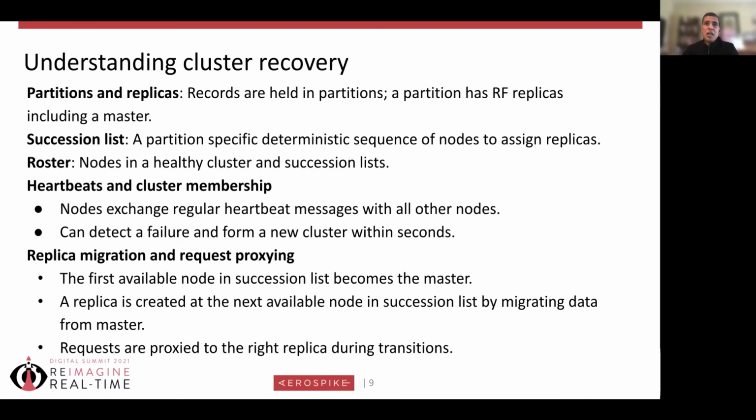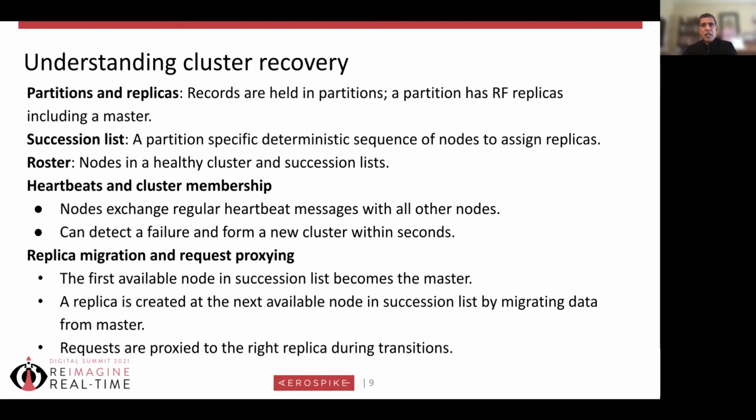So just by knowing which nodes are available in a cluster, you know where the replicas would be for a given partition. Another important notion is the roster, which is essentially simply all the nodes in a healthy cluster. So all the nodes in the cluster form the roster.